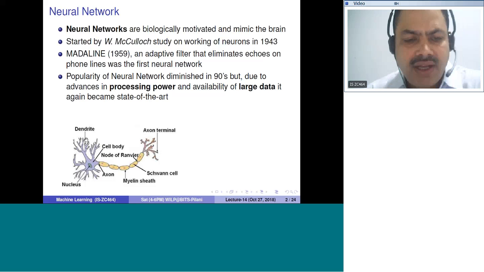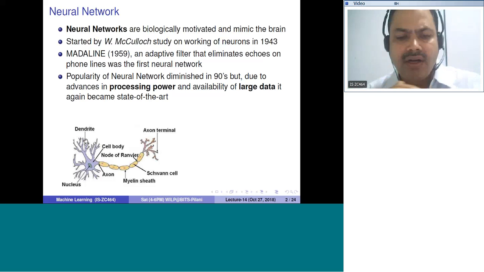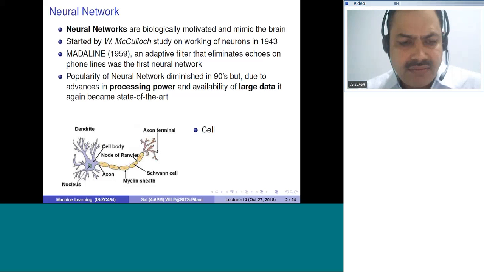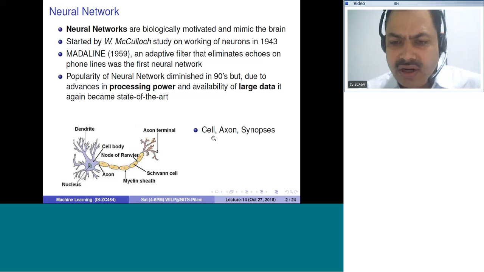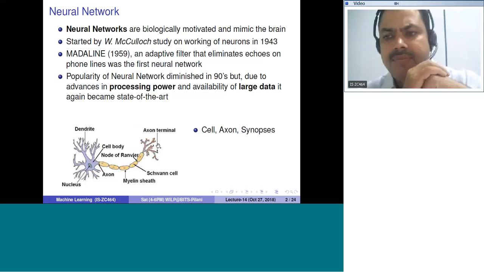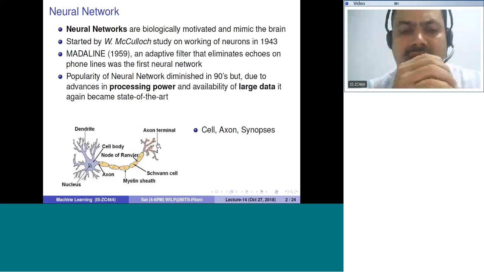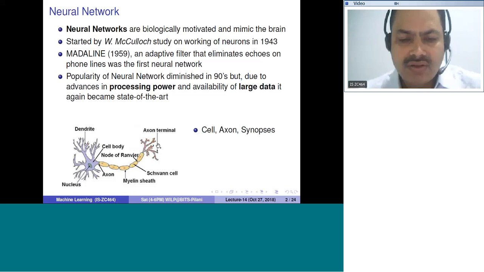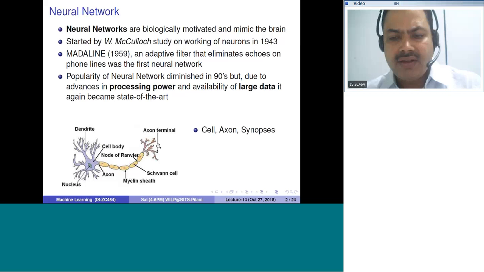When these two things get connected, the axon and the dendrites, this connection is called a synapse. This kind of connection is made at the place where the two things are connected.